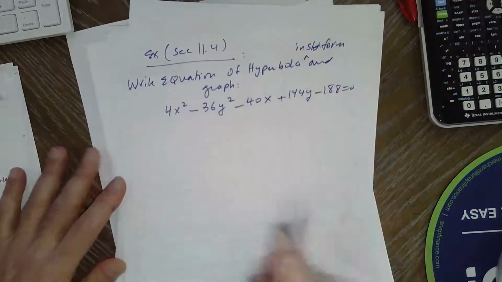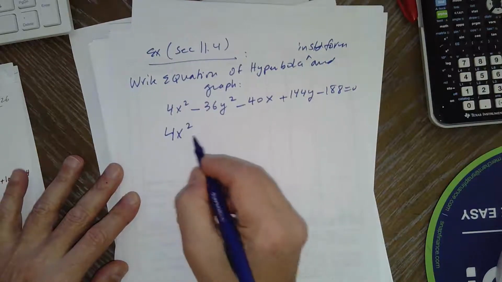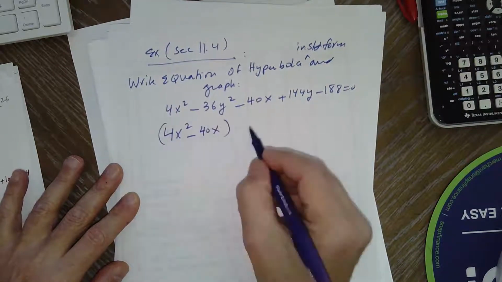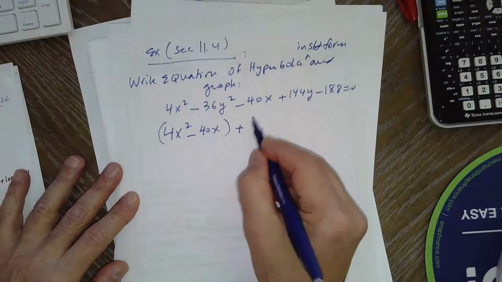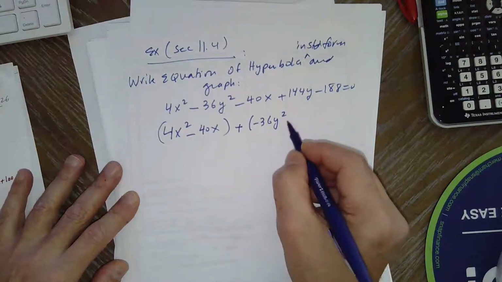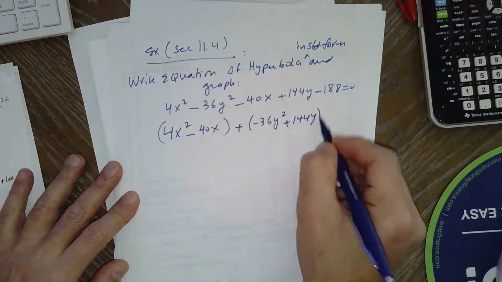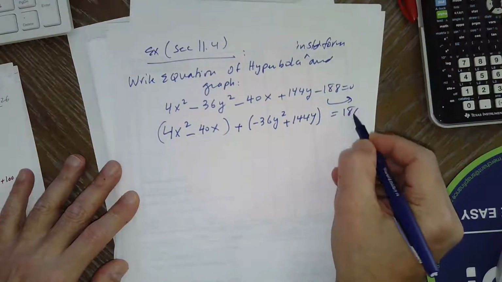So we're going to do completing the square. We're going to group the x terms together and then the y terms together, and then move the 188 to the other side.